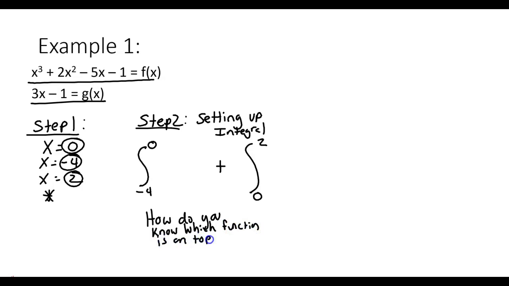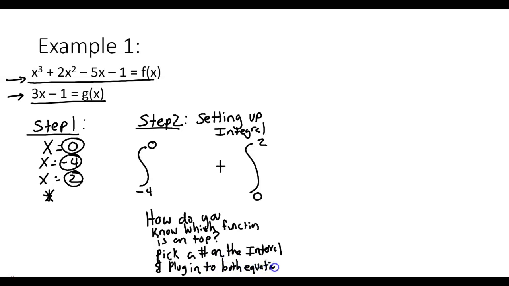Okay. The way that you know is you're going to pick a number in between your two endpoints here of -4 and 0. So pick a number on the interval, and plug it into each equation. The one that gives you the biggest answer is the one that has the bigger y value.